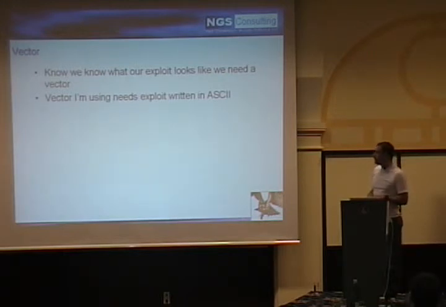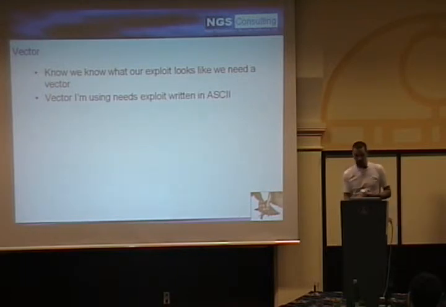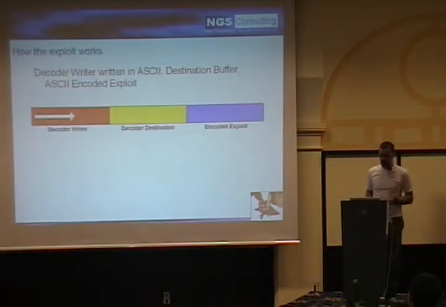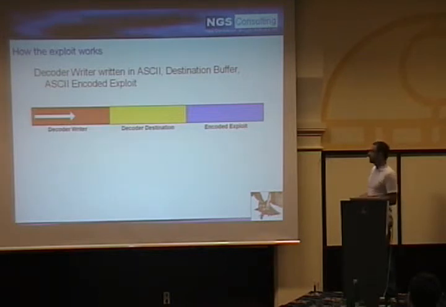The vector I'm using here happens to require that the exploit be written in ASCII, so this needs a bit of explanation. The exploit I'm going to be demoing, because it has to be ASCII, I've written in ASCII, where's this? A decoder. I've written the decoder writer in ASCII.